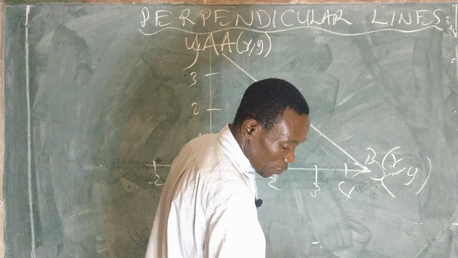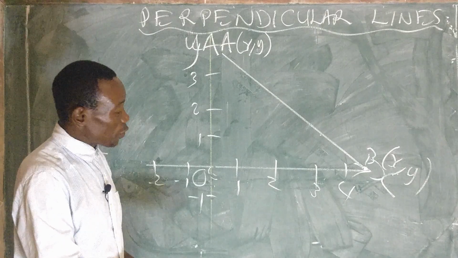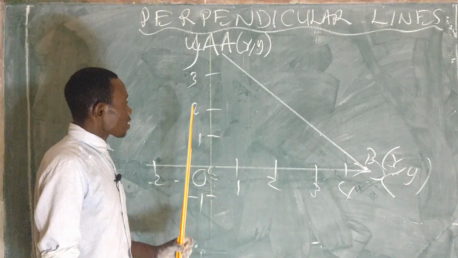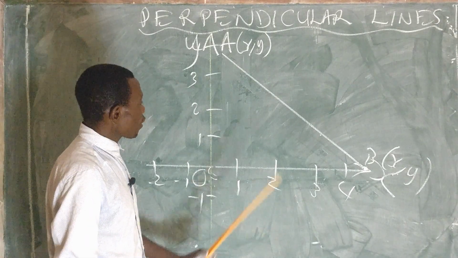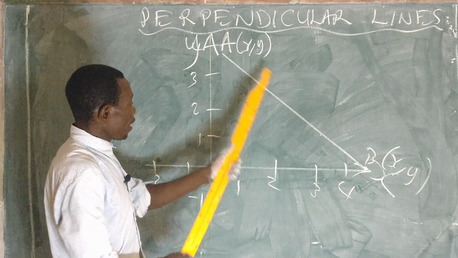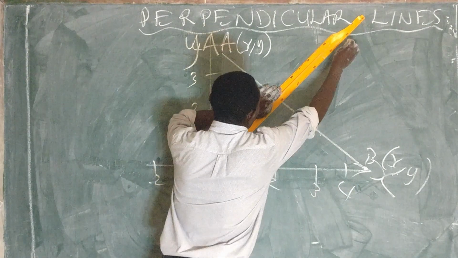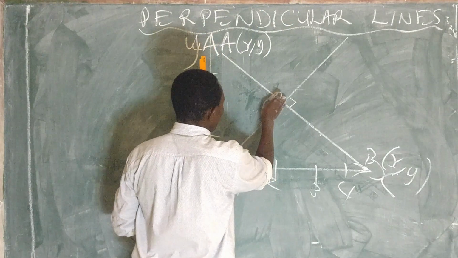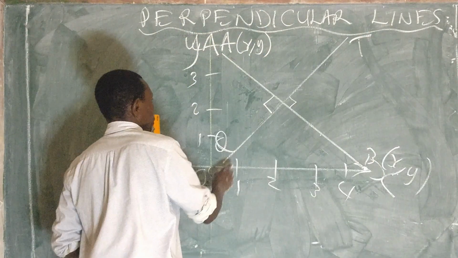Then it might happen that there'll be another line that we're going to draw in there, and this line passes through the other at a right angle, or they cross at a right angle. Here I've got another line that crosses line AB at a right angle, like this one. This line is TQ.